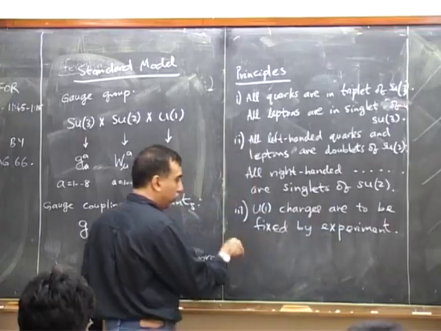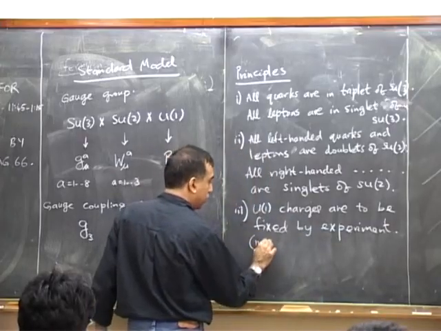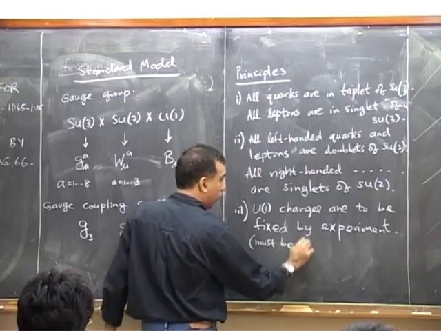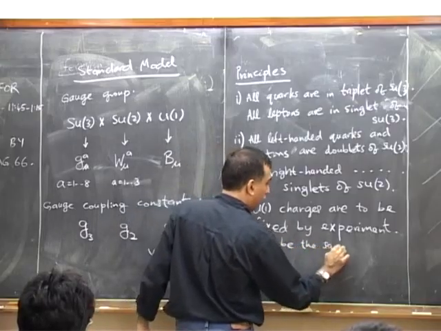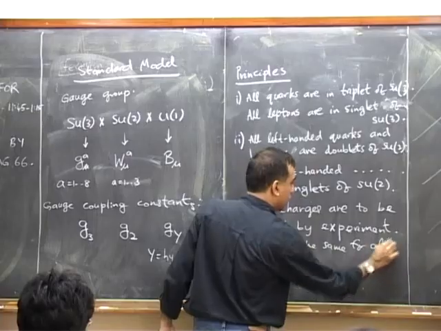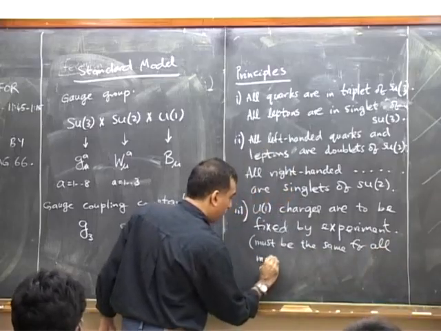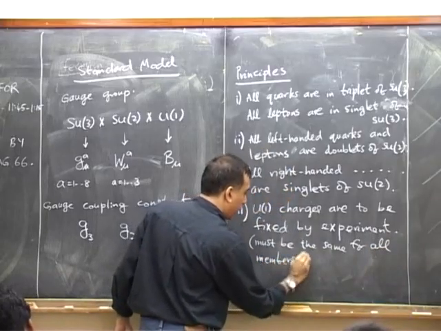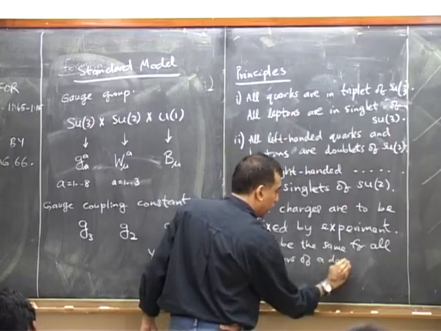However, there's one thing you should note, of course, that the U(1) charge of any of these must be the same for all members of a doublet or triplet.